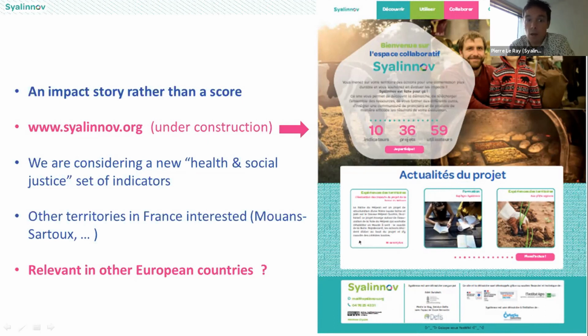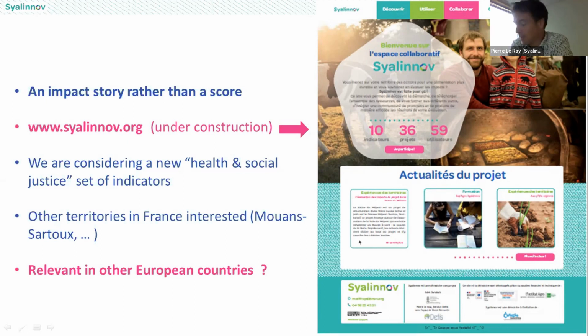We are considering a new set of indicators, this time regarding health and social justice aspects. We are working in Occitanie, but not only; we are implementing Syalinnov in other territories in France.